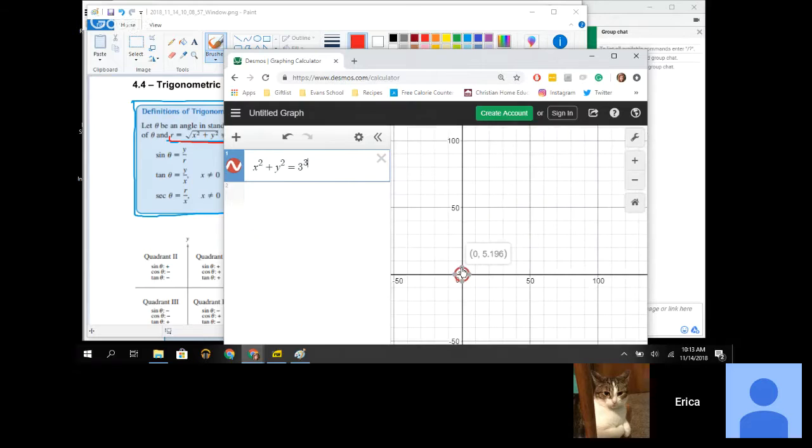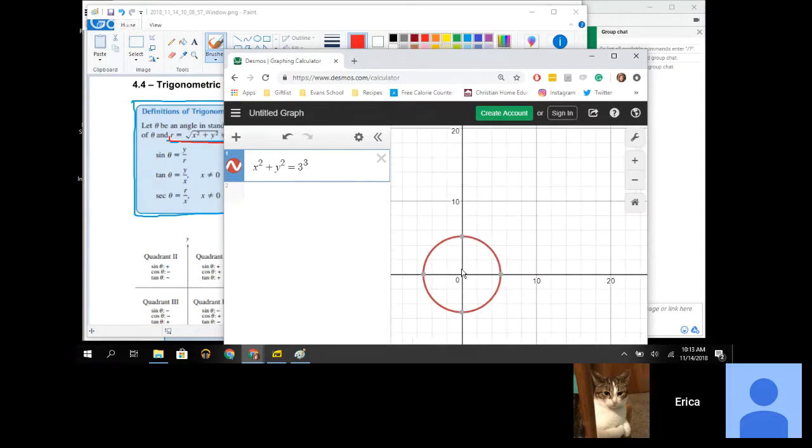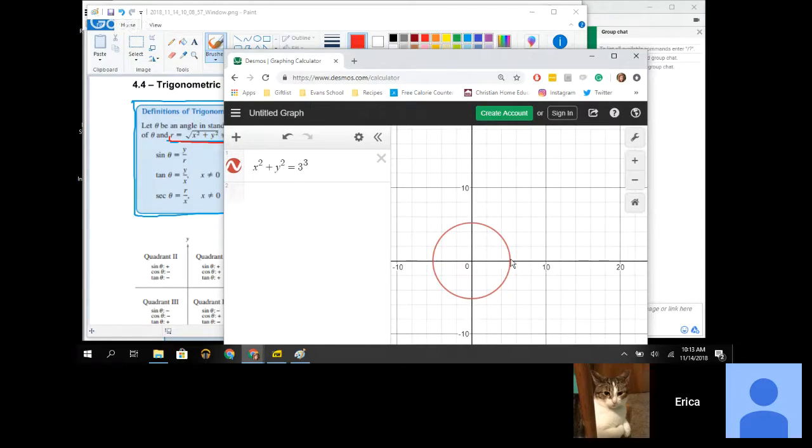And then if you zoom in on your circle, you'll see that this is a circle at 0 with a radius of, whoa, what happened? Oh, 3 cubed. I'm like, whoa, that's not right. Okay, 3 squared. There we go. All right, so there is our circle with a radius of 3.